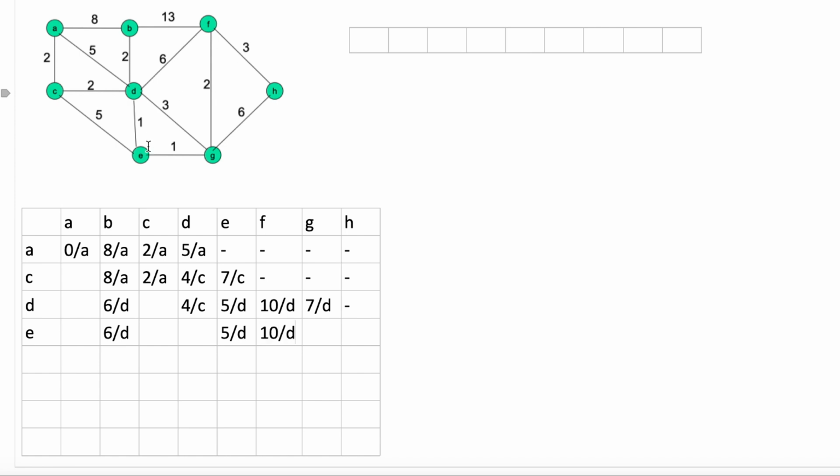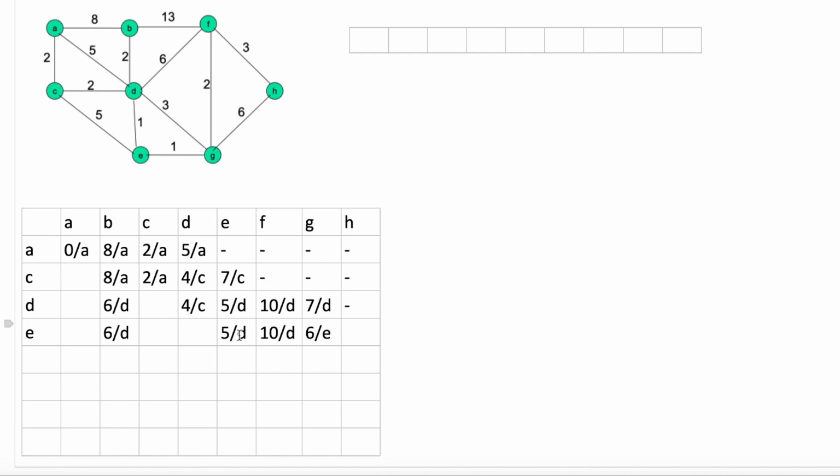And E to G, E has a weight of 5 and 5 plus 1 is 6, so G is 6 via E and 7 previously, so we relax it, it is 6 via E. So now select the smallest one among these.